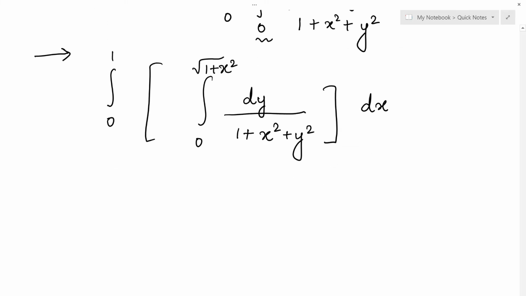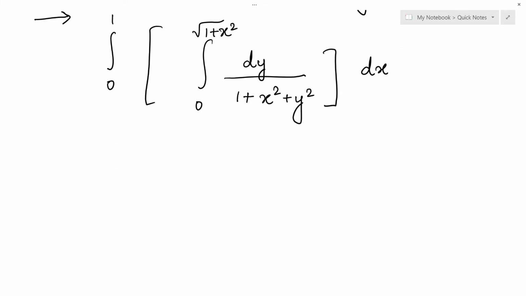Okay. Now a small adjustment you can do. Like 1 plus x square plus y square is there. This 1 plus x square, since the limit of integration is under root, if I adjust here something, the integration will become easier for me.